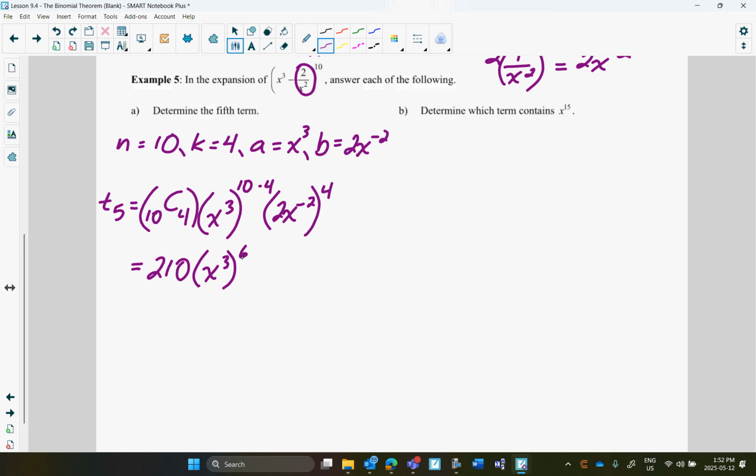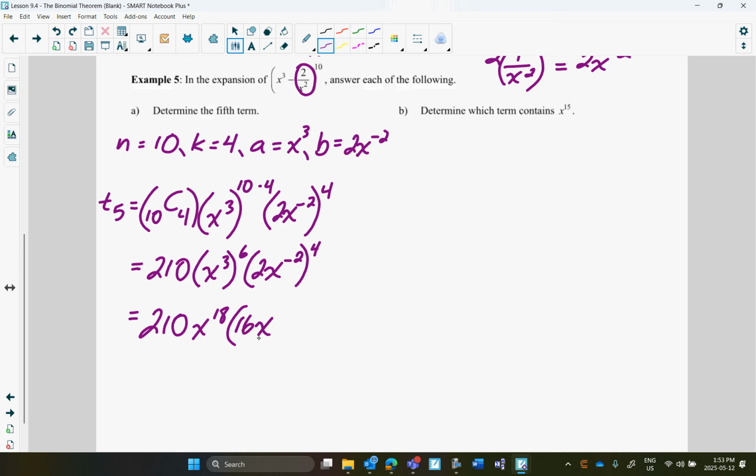Wait. Let's go to the next step. What is x to the third to the sixth? When I raise one power to another power, what do I do with the exponents? I multiply. X to the 18th, times, and I'm going to put this in parentheses because I'm going to get a number, 2 to the fourth. 16.